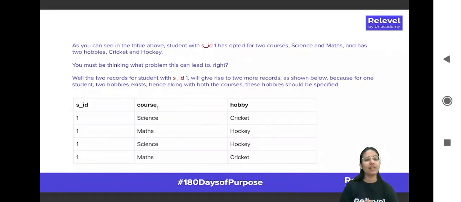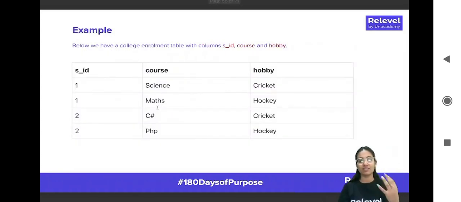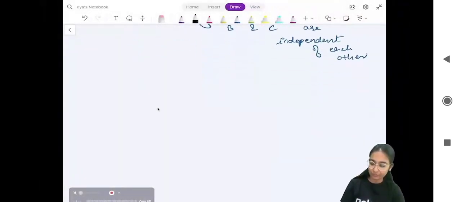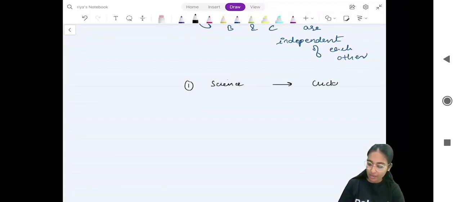The problem is that the 2 records for student 1 will actually give rise to 2 more records, as you can see over here, because for one student, 2 hobbies exist. Hence, along with both the courses, these 2 hobbies should be specified. How come that in front of science we just have cricket? If science is a course, the corresponding hobby is cricket, and then if they have a second hobby, you should mention hockey as well.